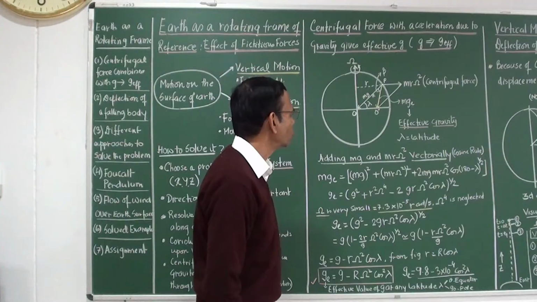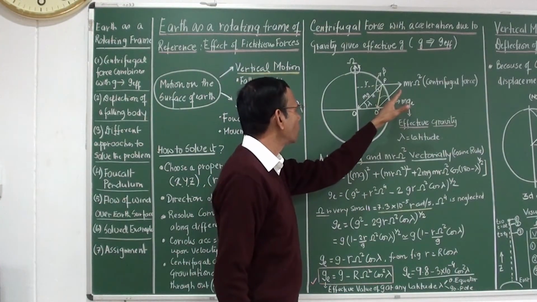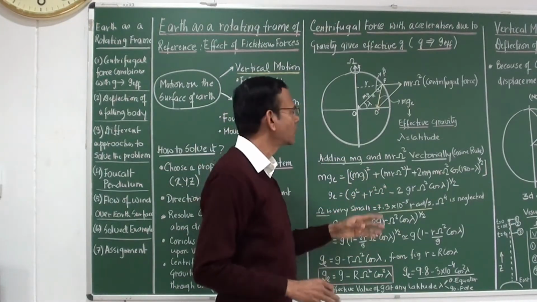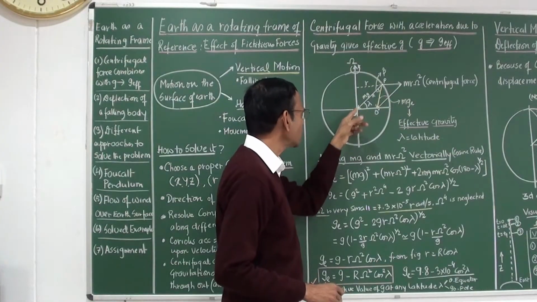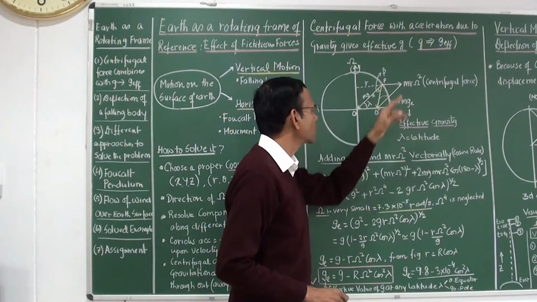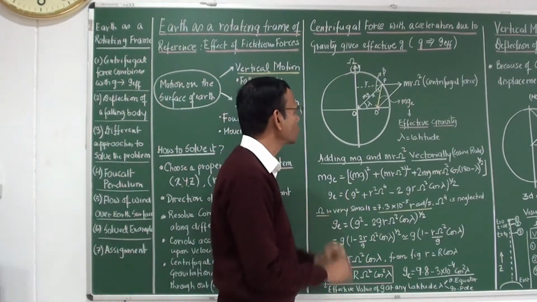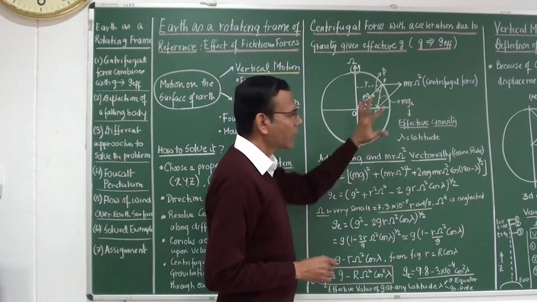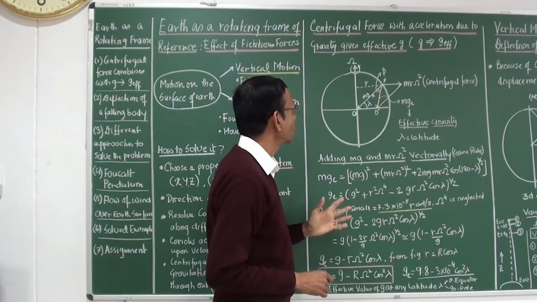Now what we do is we want to make a joint force. That means we want to combine these two forces, your weight mg and your centrifugal force m omega square r, into one force. You can add the vectors in different ways. Presently we have used the cosine rule.